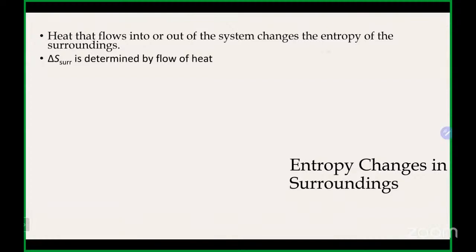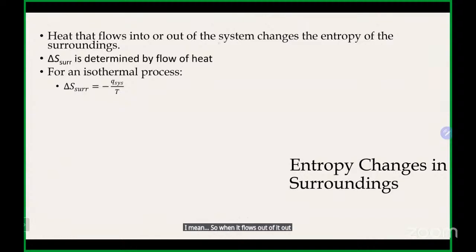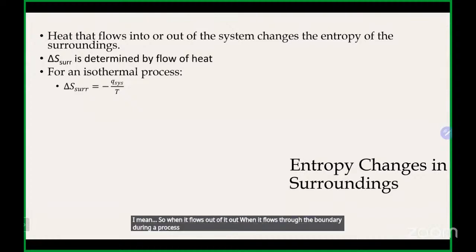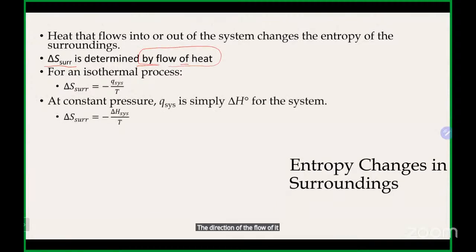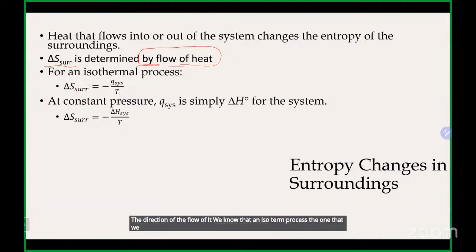When heat flows through the boundary during a process, the delta S of the surrounding is determined by the direction of the flow of heat. We know that for an isothermal process, delta S equals Q reversible over T. So that's for the system.